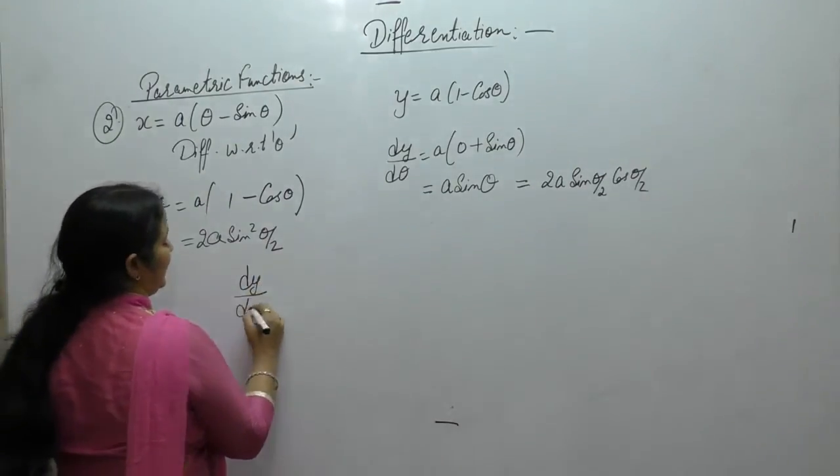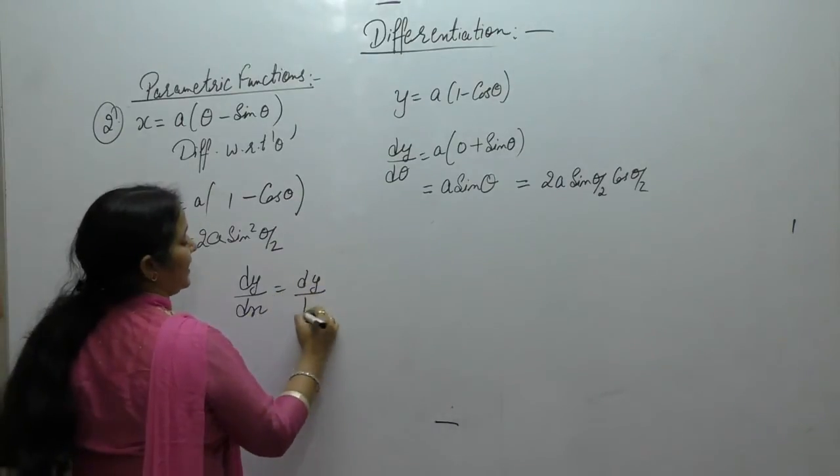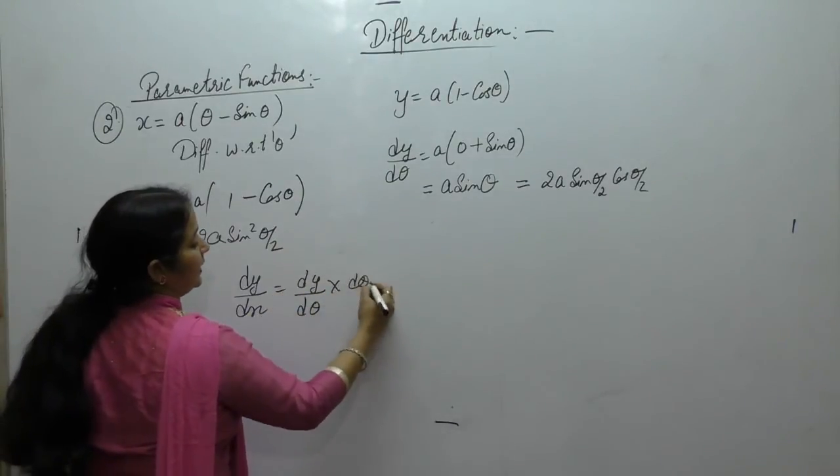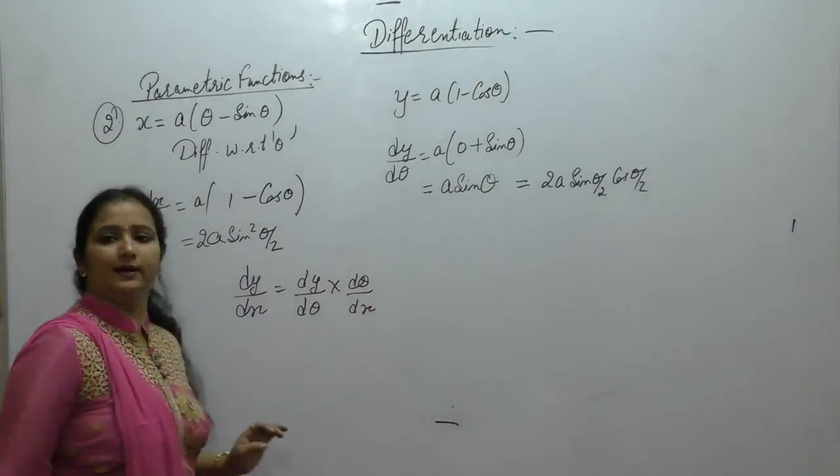So dy upon dx is equal to dy upon d theta into d theta by dx.